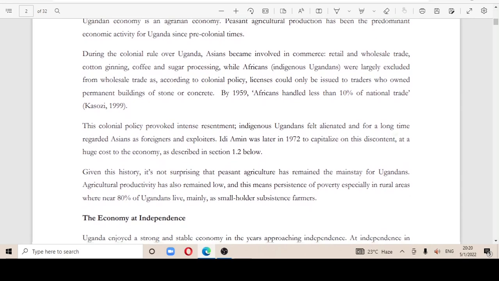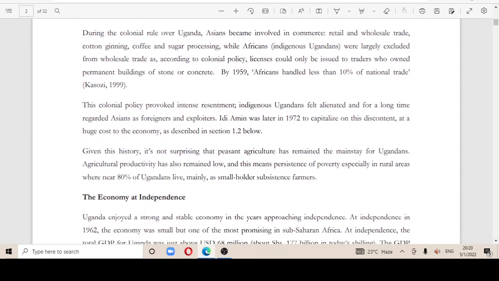So that is to do with some of the aspects to look at during the colonial times when the Ugandans were being colonized by the foreigners.